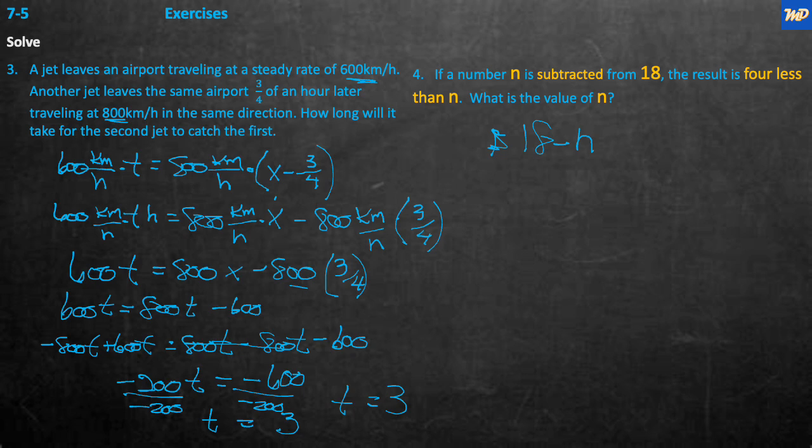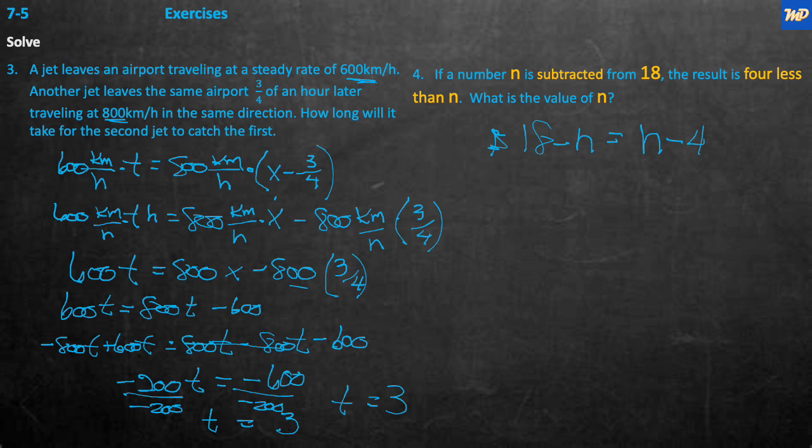The result is, equals. The result in this case means equals. So if you subtract n from 18, your answer is going to be 4 less than n. Oh, it's going to be n minus 4. Okay? Not too bad. So now we have to collect like terms.